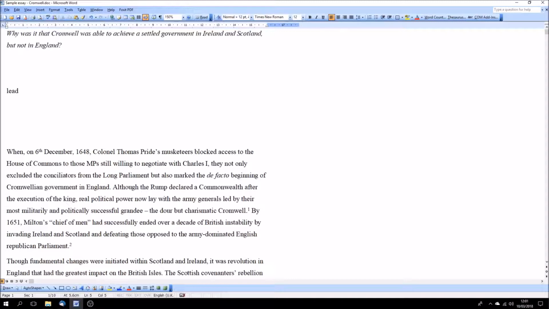Now, lead, now that is either the present tense of to lead, as in to lead a dog, or it is a metal made of lead.